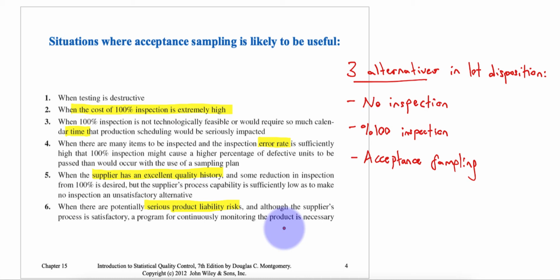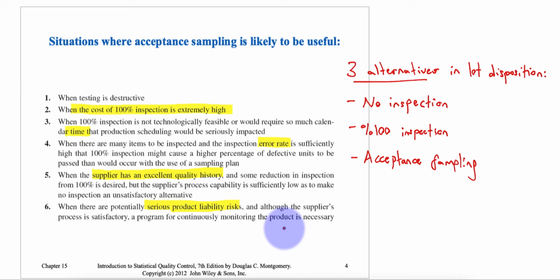The third, the 100% inspection may be time-inefficient, okay? The fourth one, also in 100% inspection, you have some inspection error you can make. So if this error rate is high, you can also go with acceptance sampling.